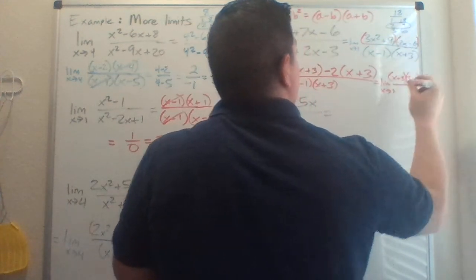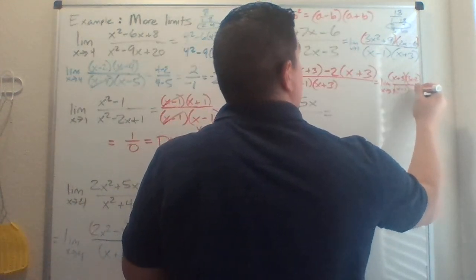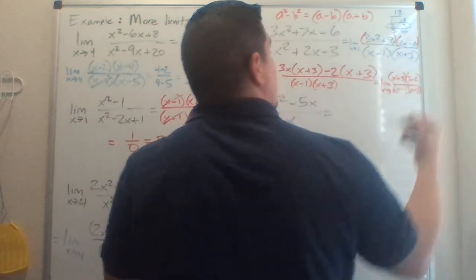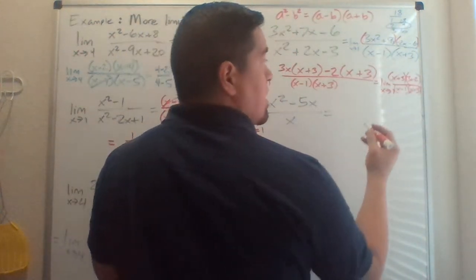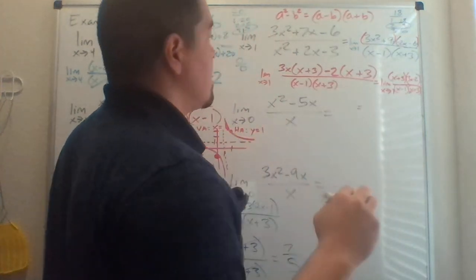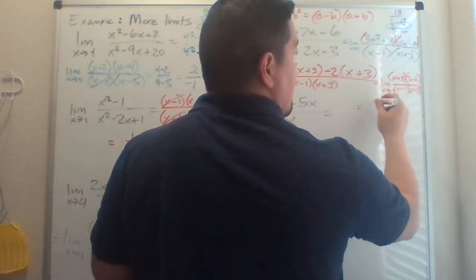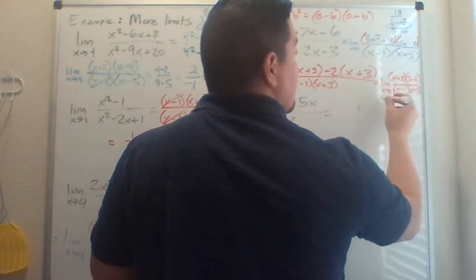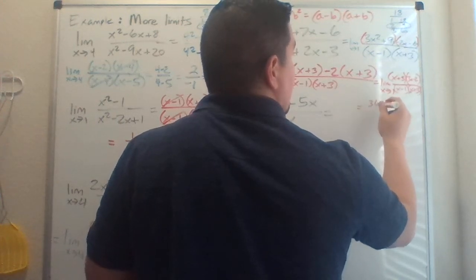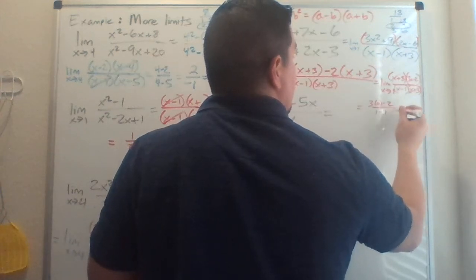Okay, squeeze that in there, and then you get x minus 1, x plus 3. And you'll notice the x plus 3's cancel. Now we try to plug it in, and what we'll notice is we still can't get a limit because we'll end up with the same thing, and there's nothing else I can do as far as plugging numbers in.